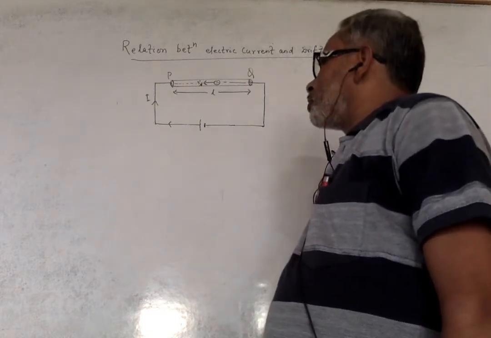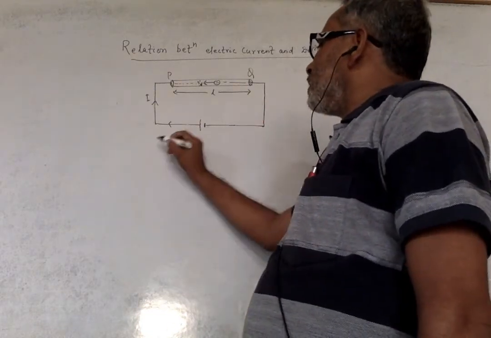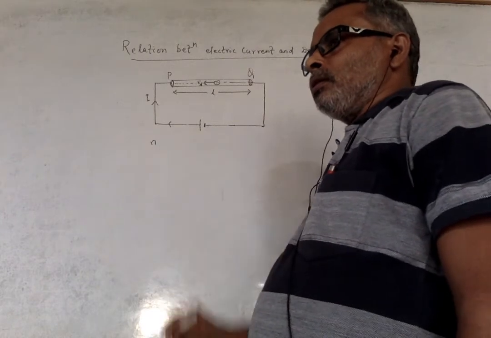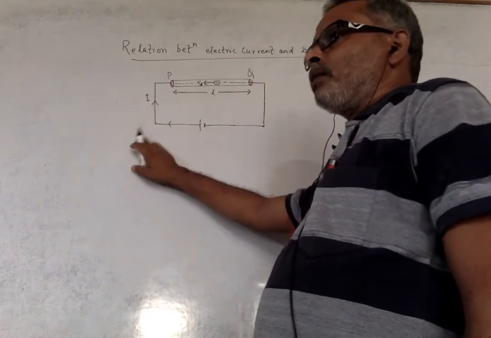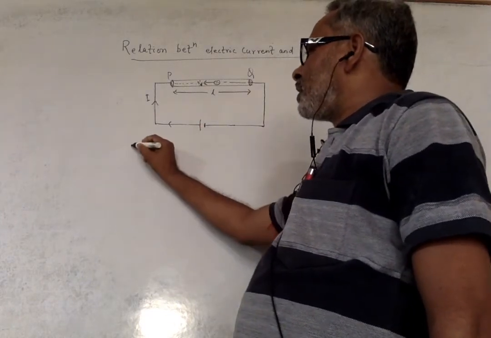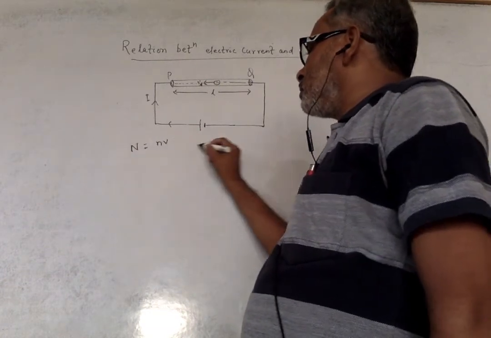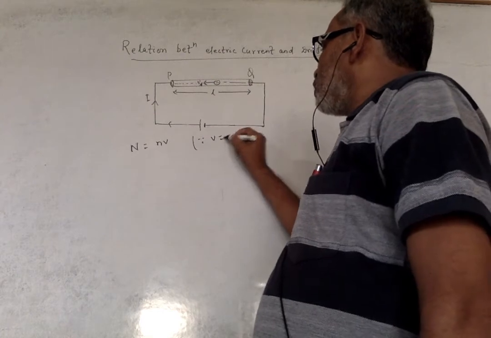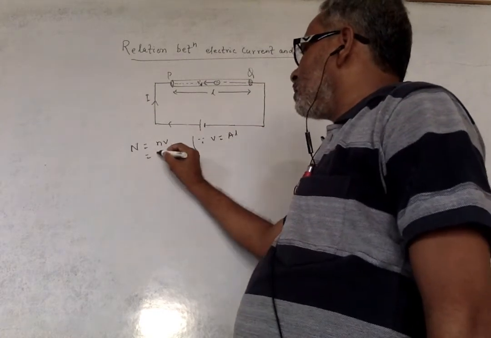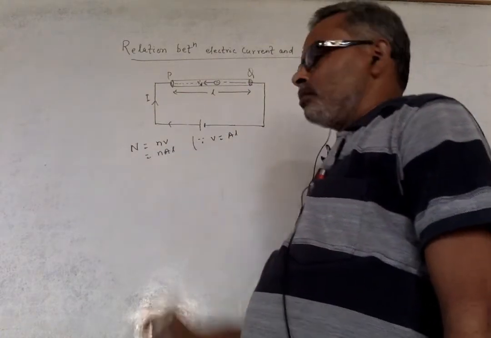The number of electrons per unit volume is n. Then the total number of electrons in the conductor N equal to nV. Since V equal to AL, N equal to nAL.